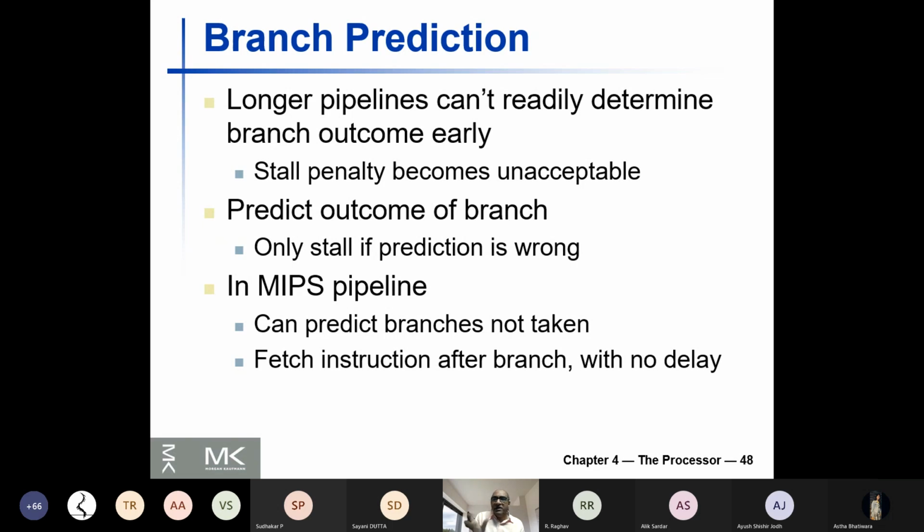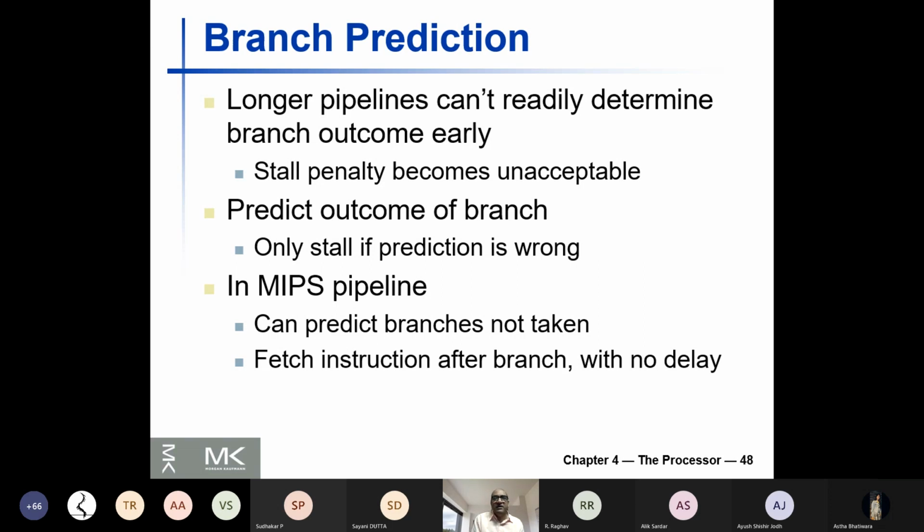It means that in the instruction fetch stage itself, you have to predict using appropriate hardware whether this particular instruction will take the branch or not. If it does not take the branch, the next instruction fed will be PC plus 4.